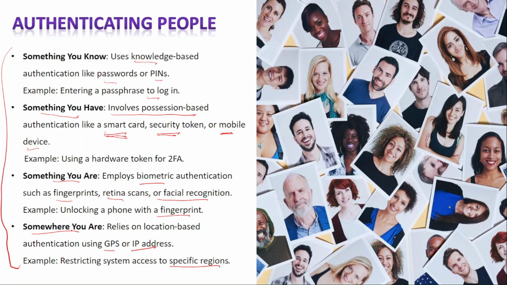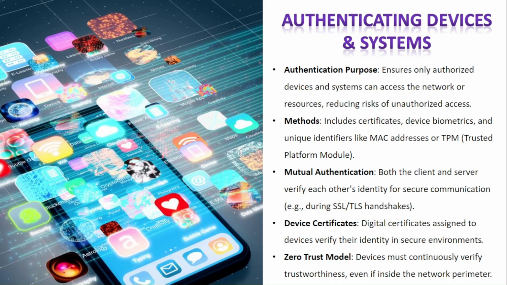If you are in those countries, you cannot access the specific website, because this authentication requires that you must be somewhere specific to access the resources. So these are very important, and you must know and differentiate between these authentication factors.